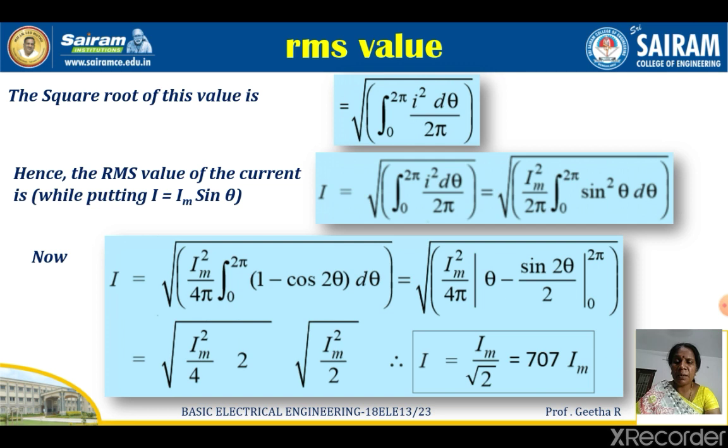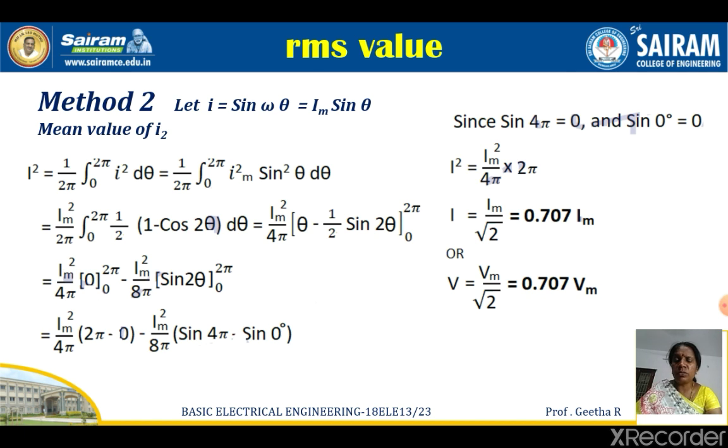So when the limits are applied, you will get the square root of Im squared by 4 into 2. So it is the square root of Im squared by 2. So Im by root 2. And the 1 by root 2 value is 0.707. So you will get 0.707 Im.